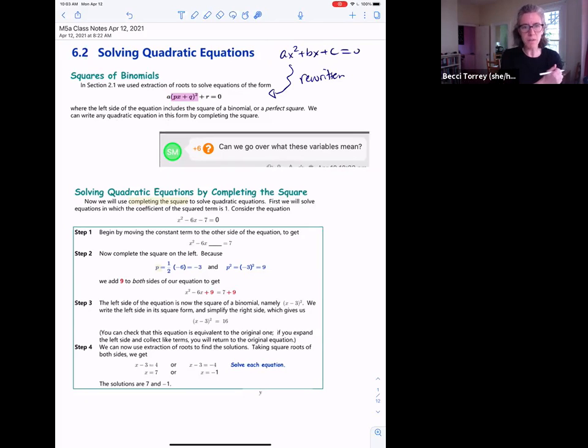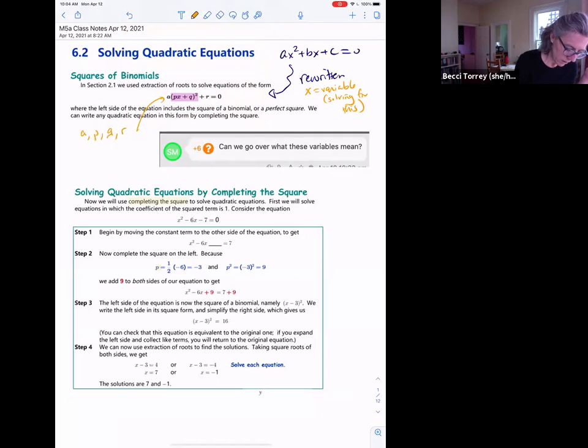It looks nasty, but again, in terms of what's a variable and what's not: here the x is a variable, but the a, the p, the q, and the r are all constants. They're all numbers. Note that x is the variable. That's what we're solving for. But a, p, q, and r are all constants.